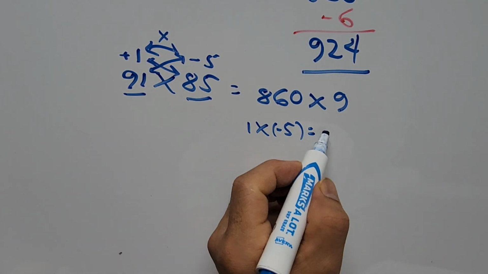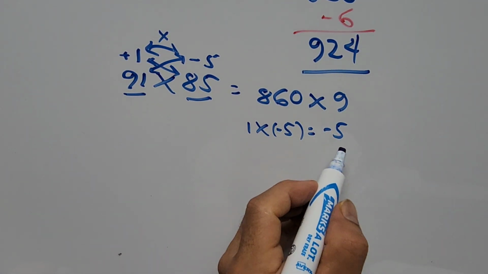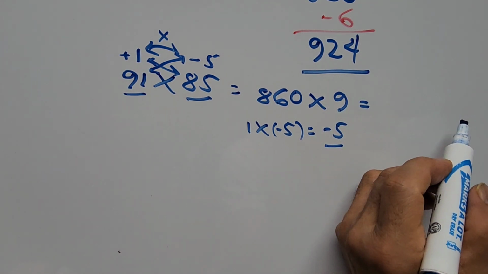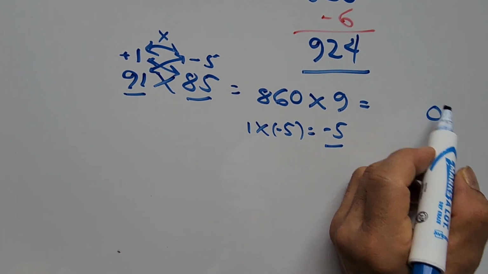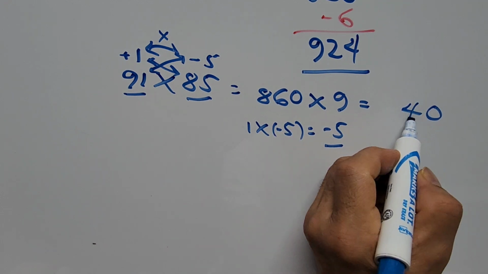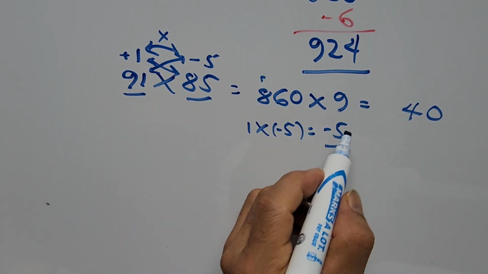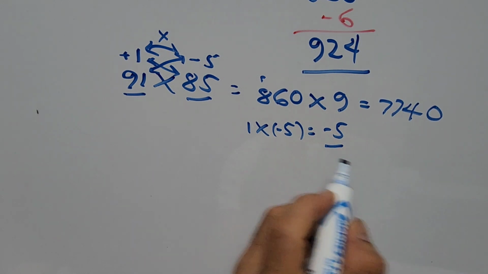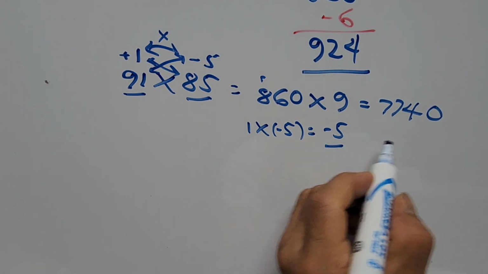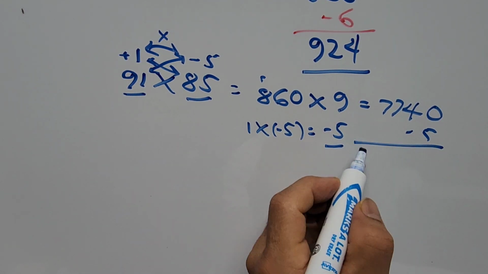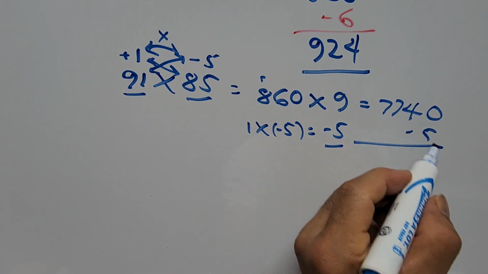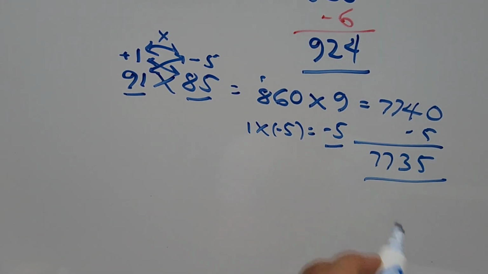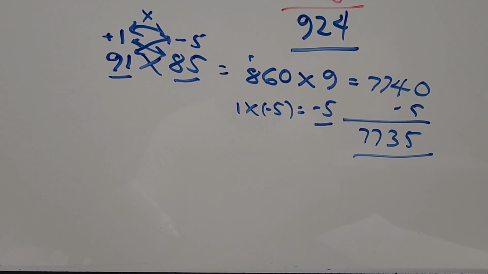So that is negative 5 or minus 5. 6 times 9 is 54, carry 5. 9 times 7 is 63, plus 5 is 68. And we have here negative 5 or minus 5. So subtract 5 from 68, that is 63. So that's the answer. So let's go to another one.